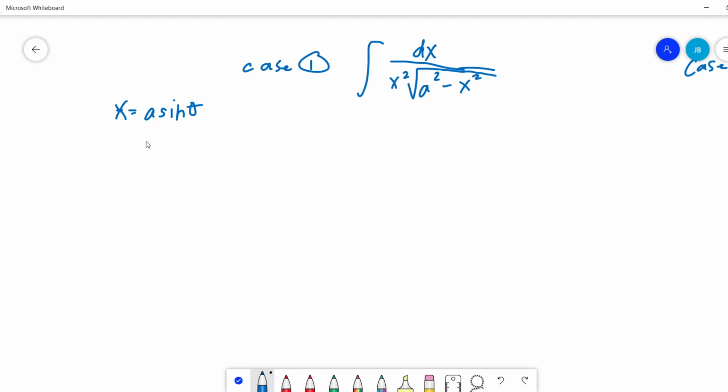Now what is your dx? Remember that the derivative of sine theta is cosine theta. Therefore, your dx is a cosine theta d theta.